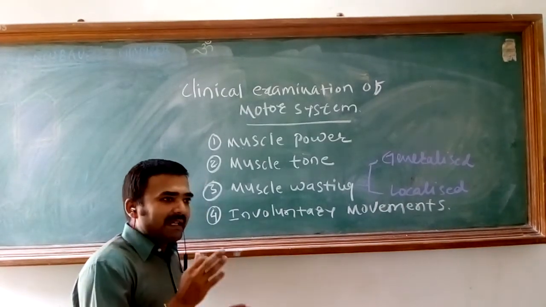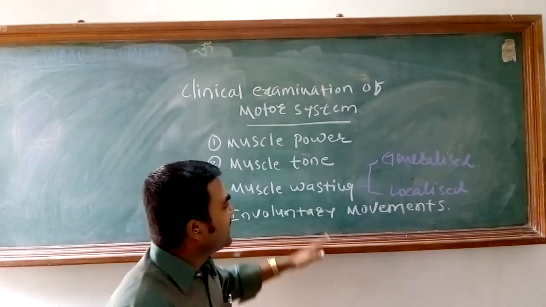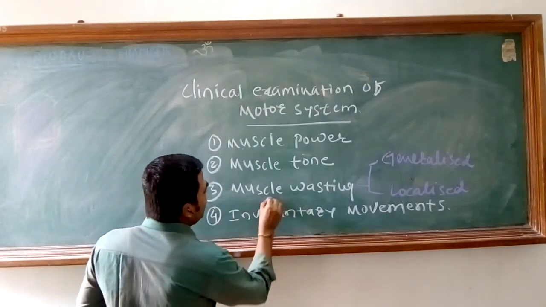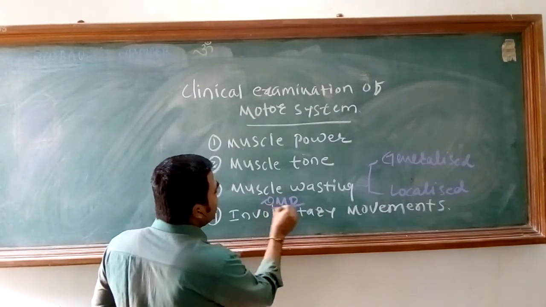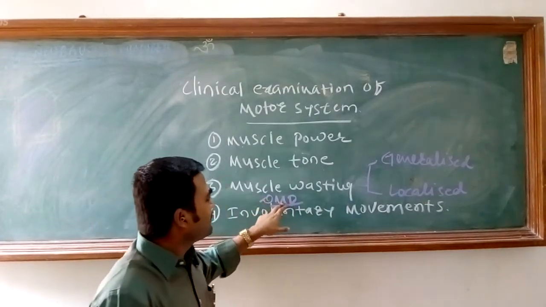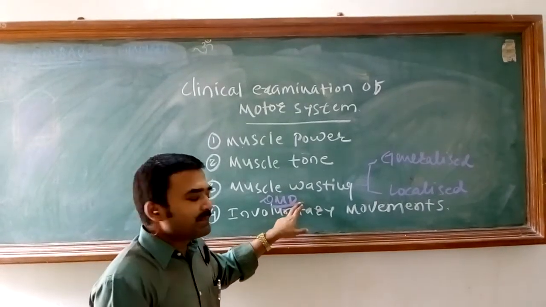So the exception to disuse atrophy is Duchenne muscular dystrophy, in short termed DMD. It is a genetic disorder. What happens in this disease?